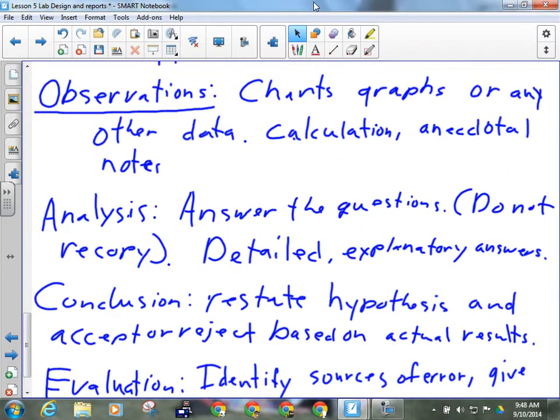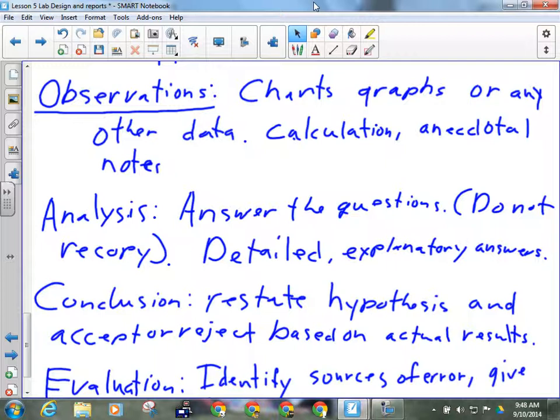After your analysis, because now you've looked at your data and tried to figure out what that data is telling you, now you need to compare that data to your hypothesis and see, does it support my hypothesis? If it does, then I can accept my hypothesis. If it doesn't agree, then I have to reject my hypothesis. You can partially reject and partially accept a hypothesis.